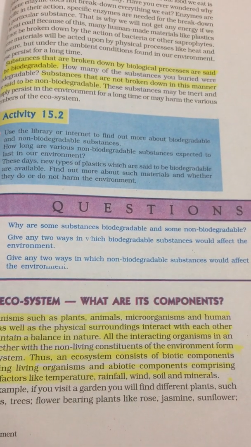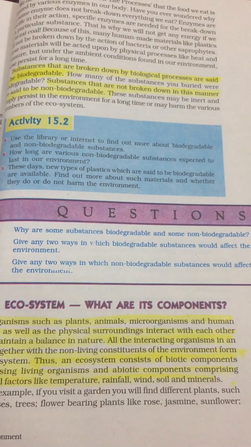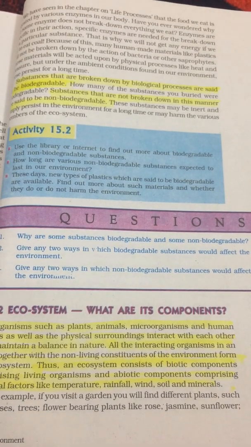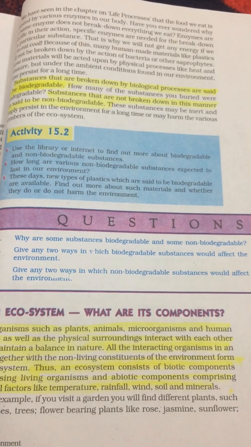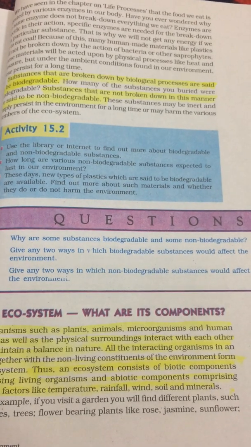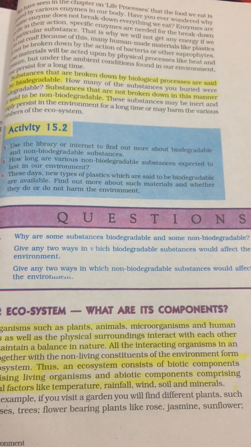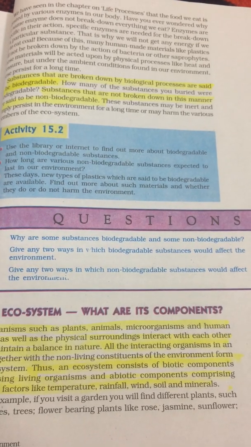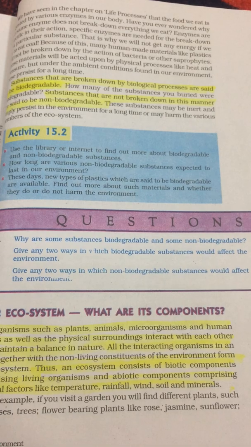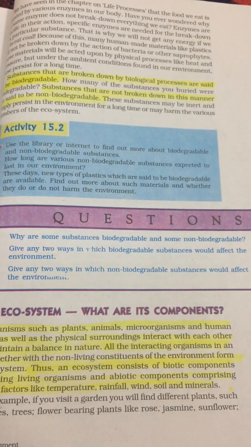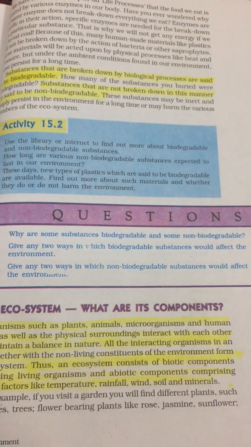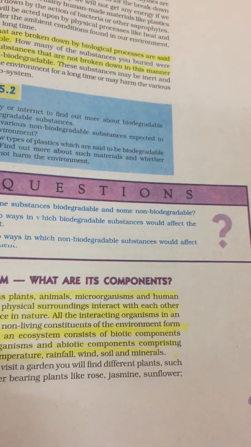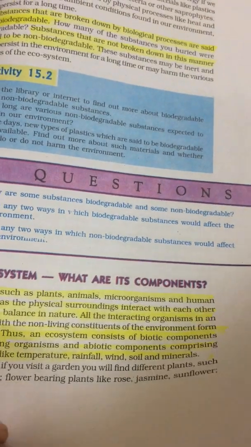The organism with its surroundings, that is living, biotic and abiotic surrounding, forms the ecosystem. Thus, an ecosystem consists of biotic components such as living organisms and abiotic components such as temperature, rainfall, wind, soil and minerals, etc.